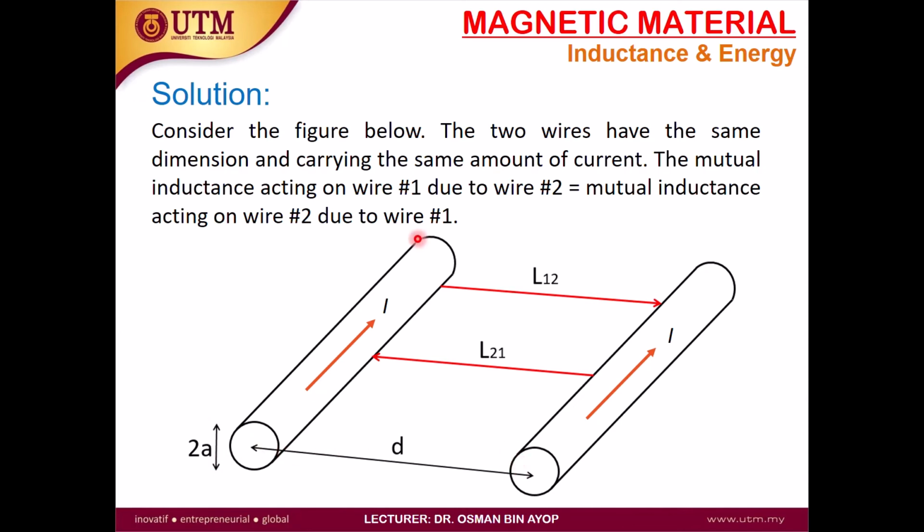Alright, so we have a mutual inductance acting on wire 2 due to wire 1 and vice versa. Let's say we have L12 or M12, and we have L21 or M21. This is the mutual inductance based on the other wire. So this is the situation, and we have the current in the same directions, right?